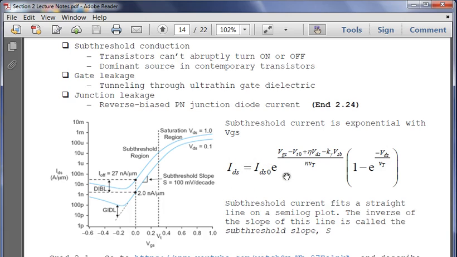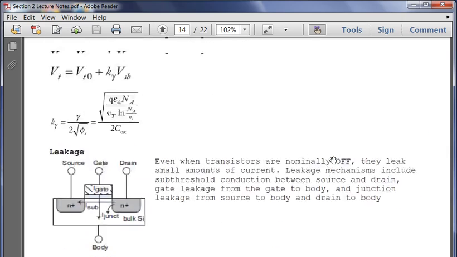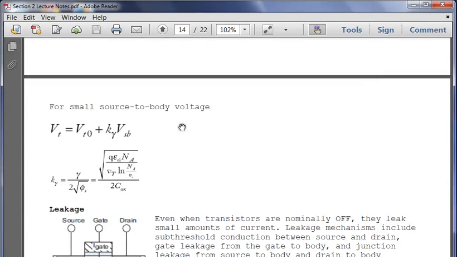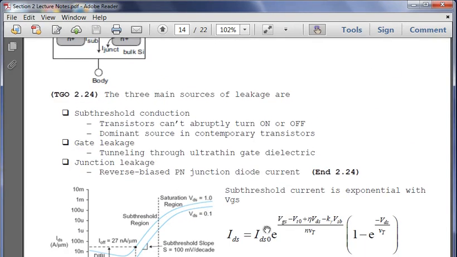We have our initial drain source current times e to the, this is the whole equation here, gate source voltage minus the initial threshold voltage, plus the DIBL coefficient times VDS, minus K gamma, which we calculated here, times source base voltage, divided by nVT. And then that's all multiplied by 1 minus e to the negative VDS over VT.